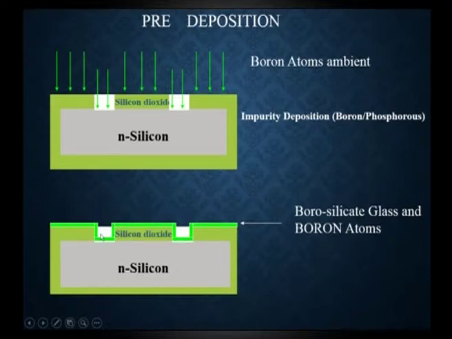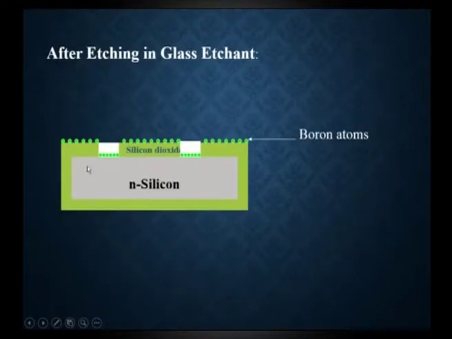It is exposed here and will be placed only in the well, and this region is all masked due to the glass plate that we used. The glass plate masks here, and only in the well it is unmasked, so that the boron atoms enter easily and deposit here. This is how the boron atoms are formed after etching.